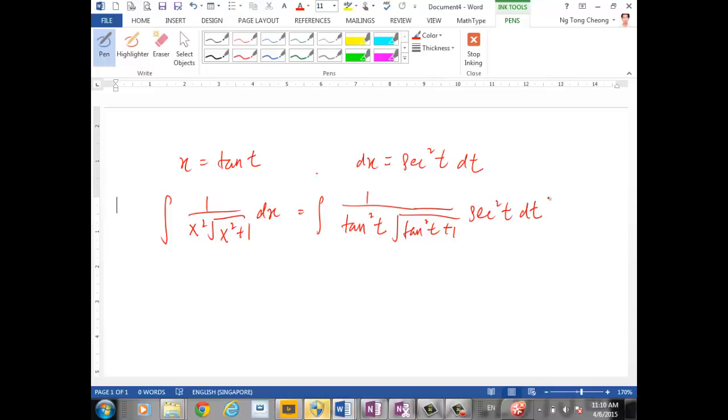Okay, then after that you try to use your trigonometry concerning tangent square t plus 1 to simplify it. Okay, so 1 plus tangent square t is simply your secant square t. Okay, so you simplify with the cancellation of the second term.